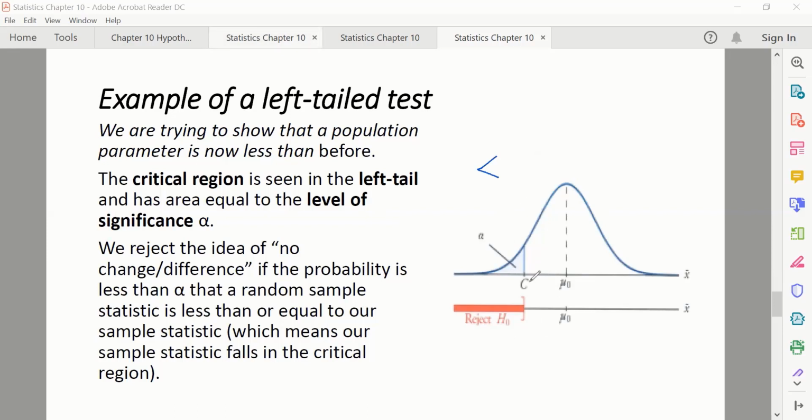So the critical region is in the left tail. This area is alpha. And we reject the idea of no change or difference if the probability is less than alpha that a random sample statistic is less than or equal to our sample statistic. So we're looking at less than on the left tail.